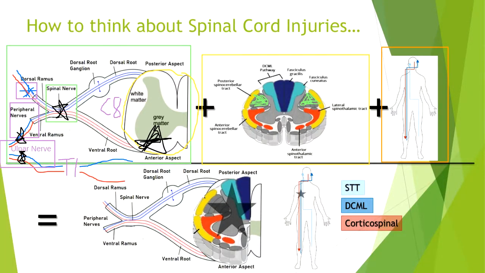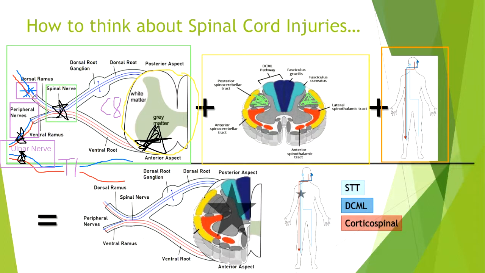So say it was the C8 dermatome only, your T1, all the way down to your sacral nerves, everything under it would be absolutely fine. There would be no symptoms below that level of injury. It would just be the C8 dermatome. Whereas with a spinal cord injury, you're going to see symptoms at that level of injury, and everything below it will be affected.